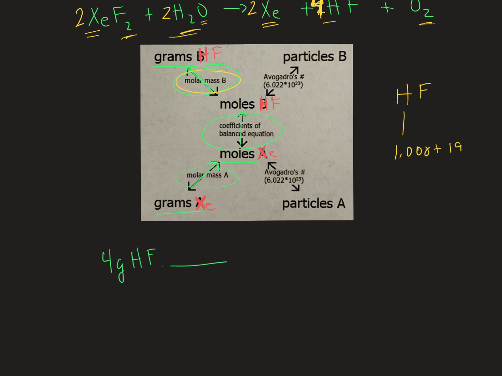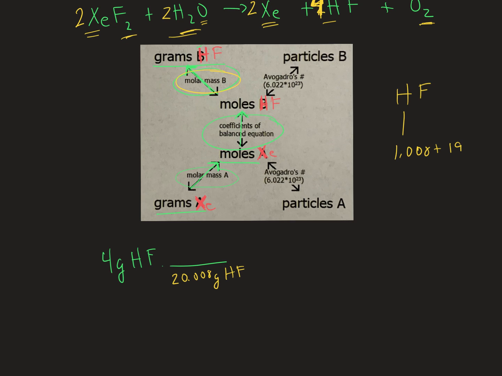You can round, no big deal. But if we don't round, we're going to say 20.008, right? Can you round? Sure. No big deal. Just don't round too much. Because then your number is going to be even more off of the answer on the multiple choice.